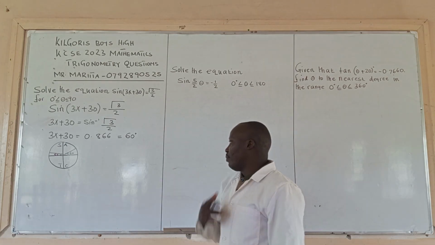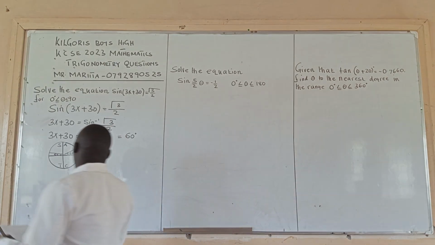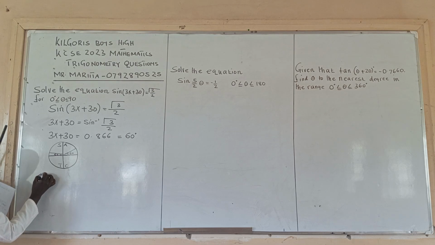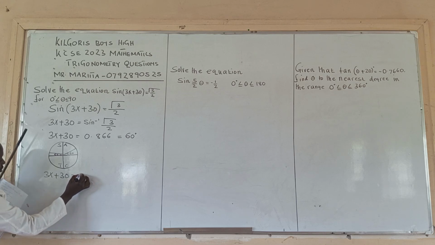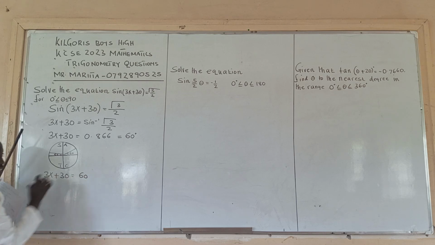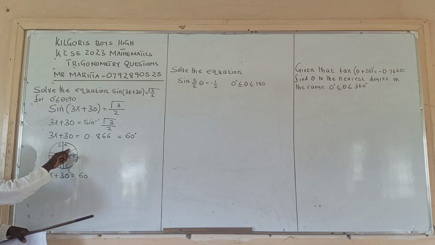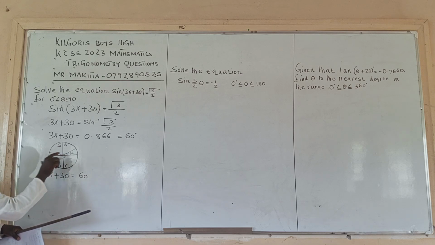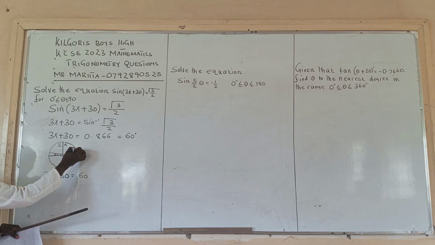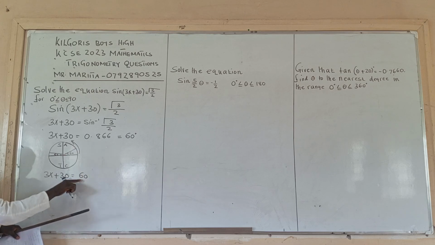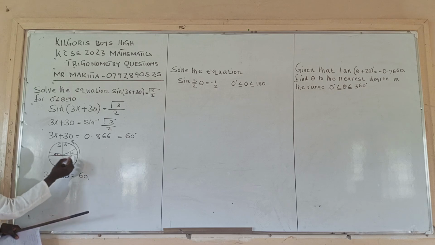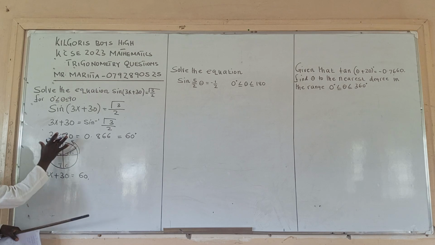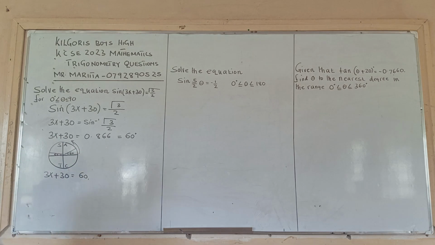So now, our 3x plus 30 is equivalent to, for the first one, 60 degrees from the first quadrant, then we move to the second quadrant. In the second quadrant we have 60 here, and half of this circle is equivalent to 180 degrees.